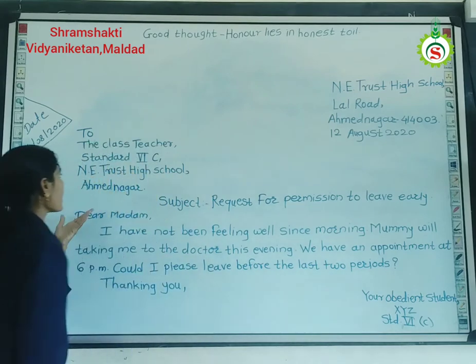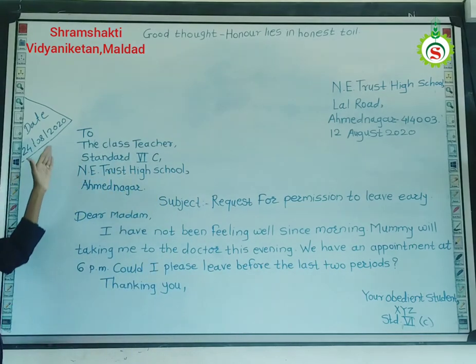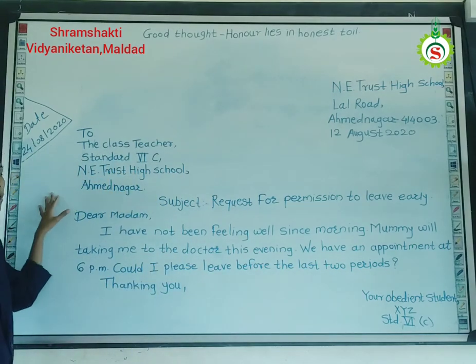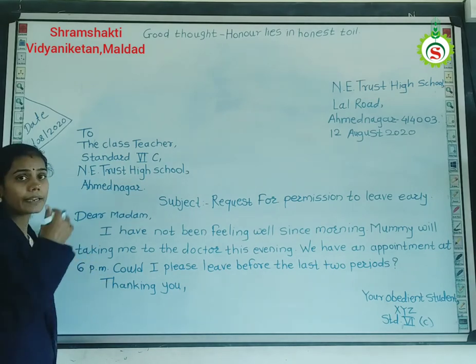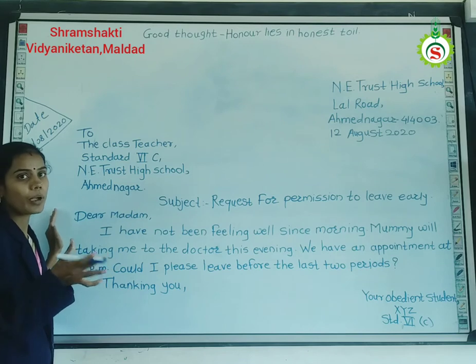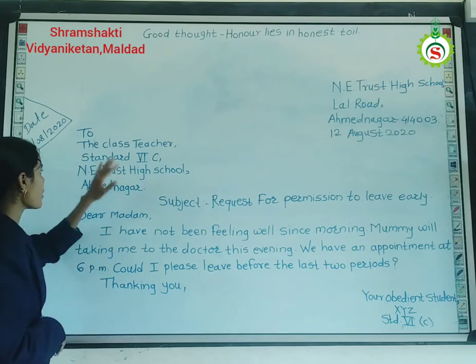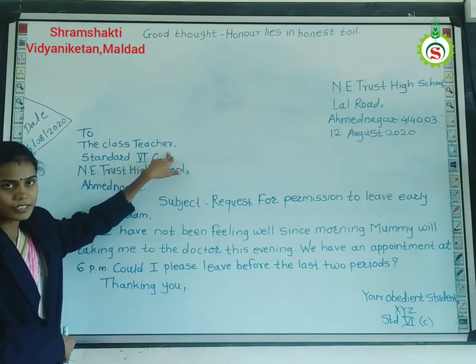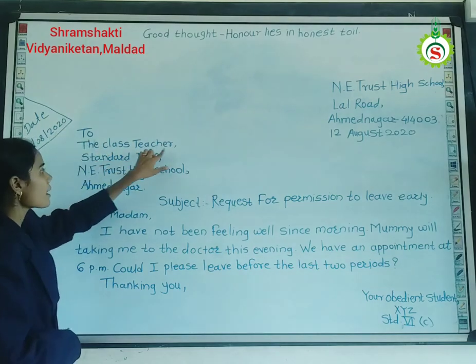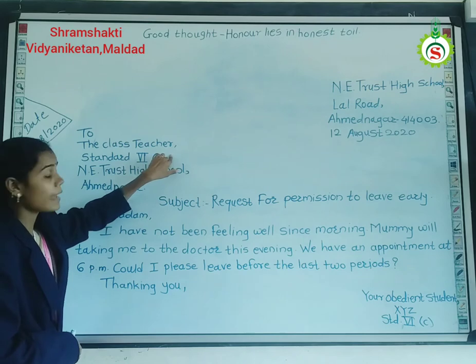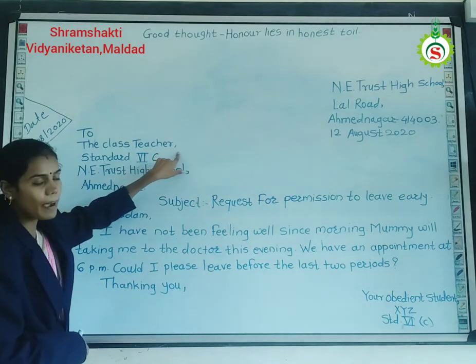Then on your left hand side you write the address or post or designation of the person to whom you are writing the letter. So you are writing the letter to your class teacher. You write like this: To the Class Teacher. After that you write a comma.